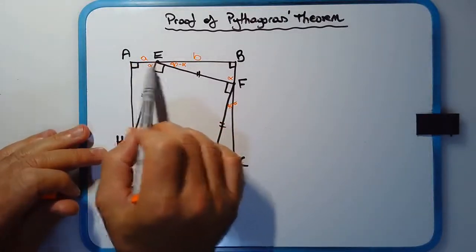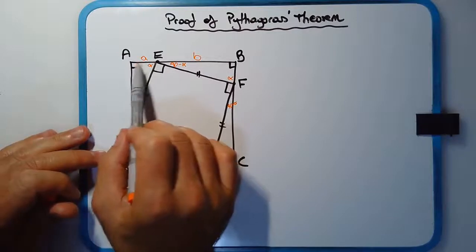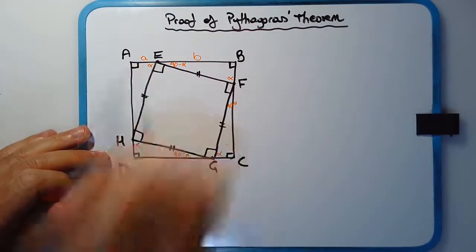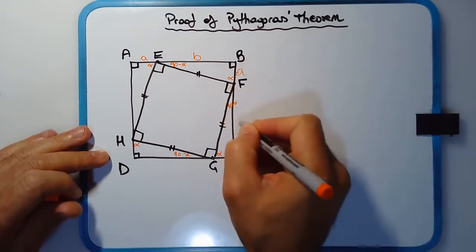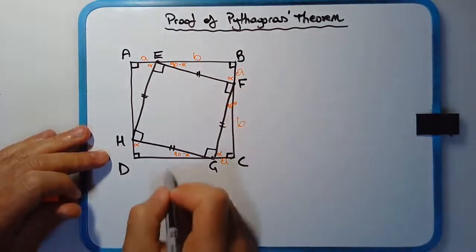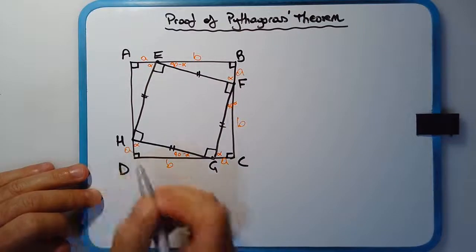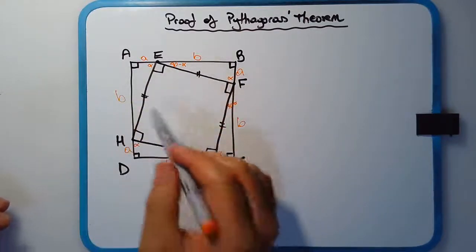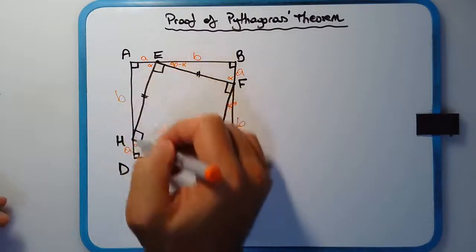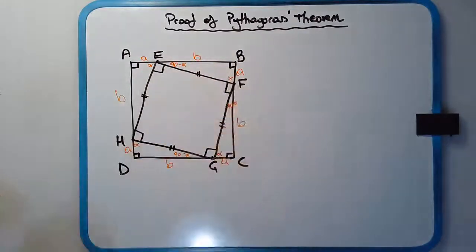AE, which is the short side of one of the triangles, let's call that a. EB, let's call that b. This will be a, this will be b, this will be a, this will be b, this will be a, and this will be b. And because the triangles are congruent to each other, the sides of the right-angled triangles will correspond to each other.